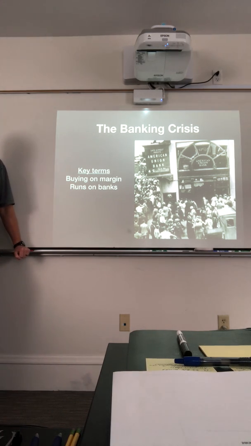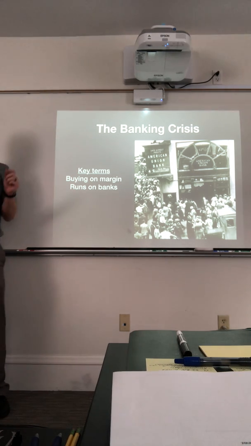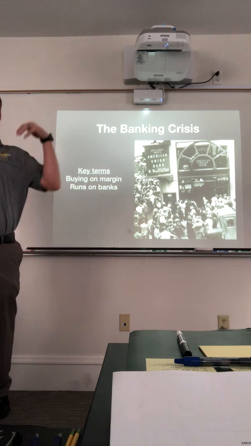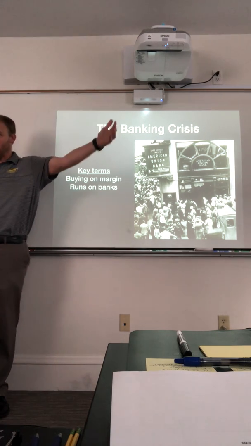Makes sense, right? The economy's doing well, people can pay the loans back, let's make lots of loans. However, by the end of the 1920s, banks were starting to make loans that were riskier and riskier.